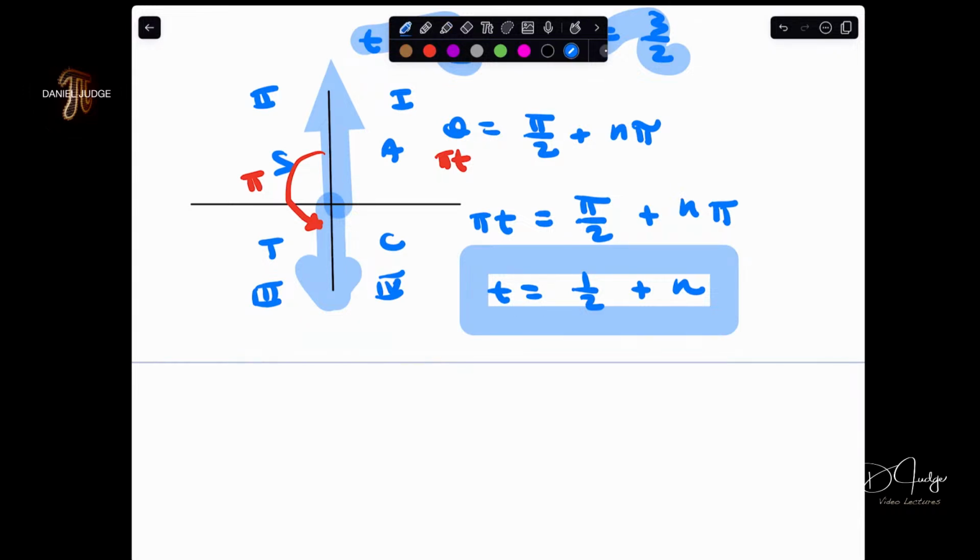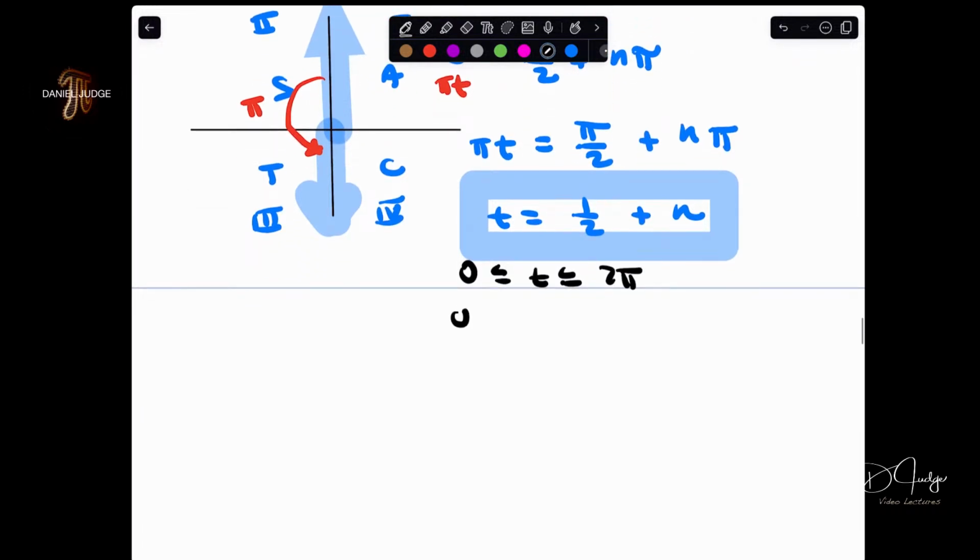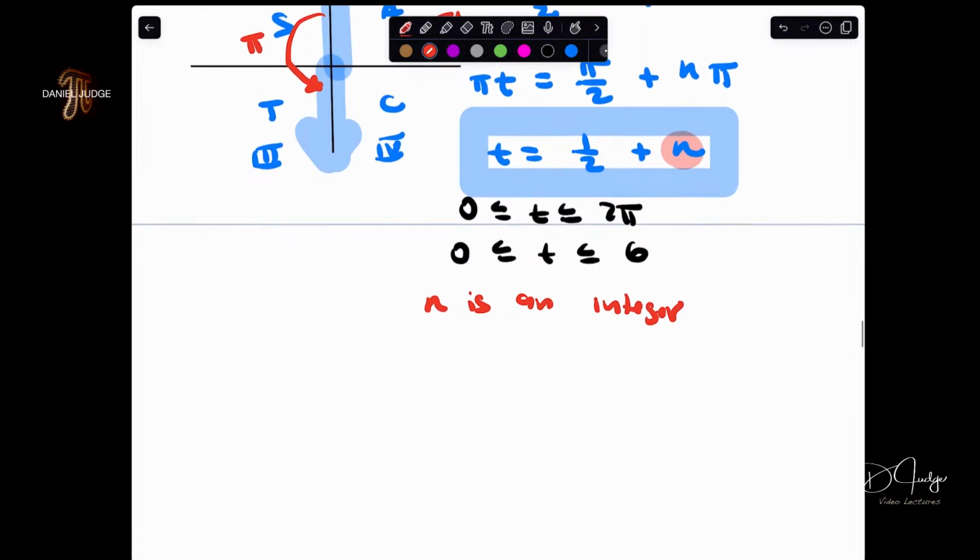Because now, you said there's kind of a typo, and originally you said 0 to 2 pi. Pi is about 3.14, so this is about 6 or something. Well, you can generate your solutions here by changing the value of n, because n is an integer, and you can actually now get the other values because you have a formula for that.